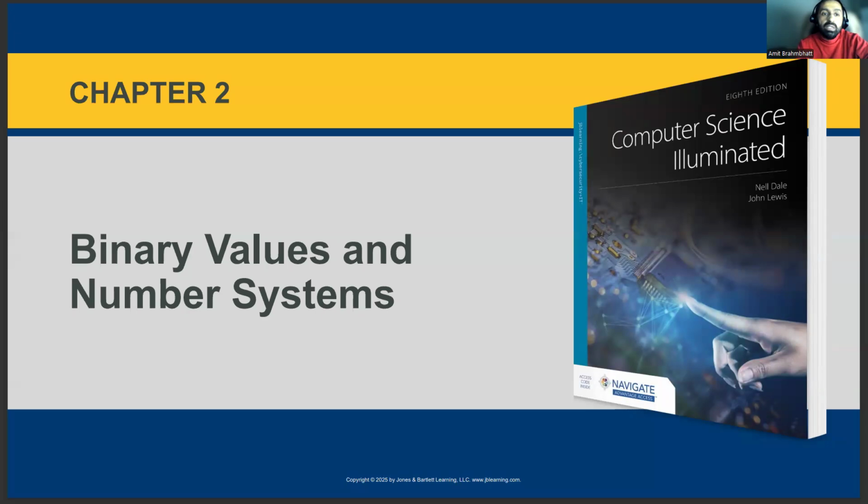Here in this lecture, we are going to talk about binary values in number systems. Computers represent all data, numbers, text, images, and sound using number systems. Humans naturally use base 10, but computers only rely on base 2 because electronic circuits can reliably represent only two states, on and off.